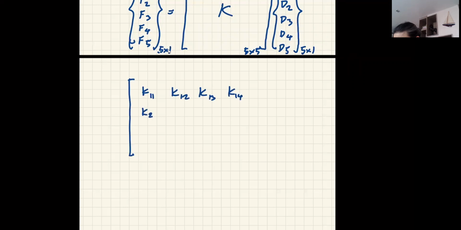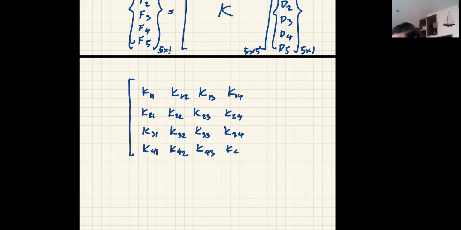In the second row, K21, K22, K23, K24, K31, K32, K33, K34, and K41, K42, K43, and K44.